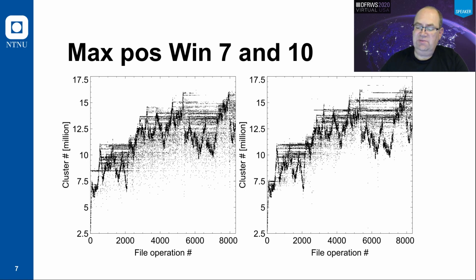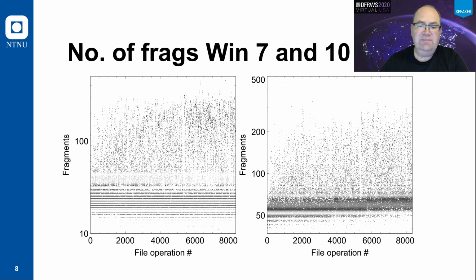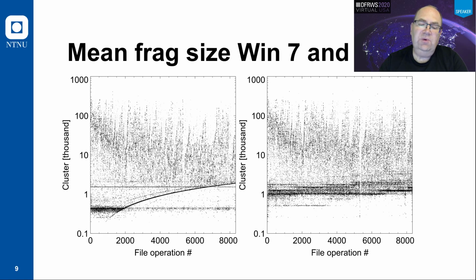Then the file system starts to behave in a different way, and we get a linearly increasing fragment size for Windows 7.